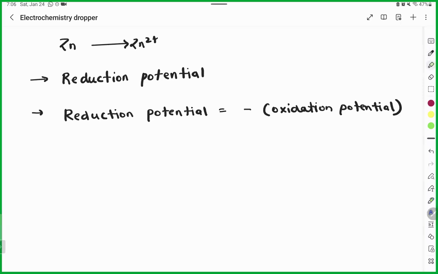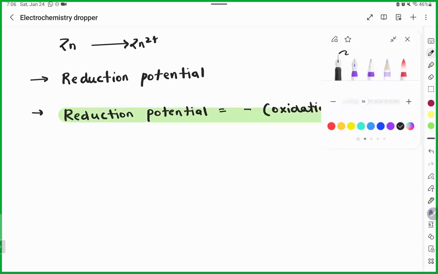Reduction potential is equal to minus oxidation potential.